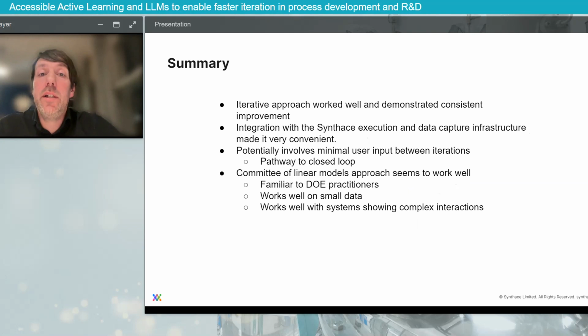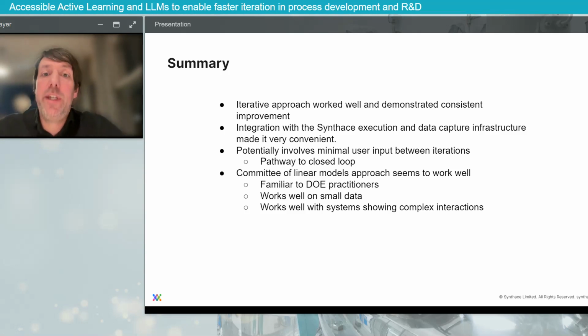So in summary, we've got an iterative approach which worked very well and demonstrated consistent improvement over all the iterations. Integrating with our platform actually was very convenient. It lends itself well to our platform's capabilities in dealing with a lot of that complexity and data burden. And we can also potentially look towards minimal user input between iterations as well.